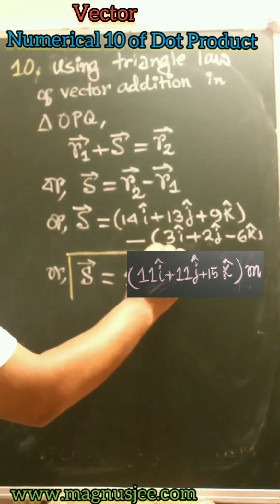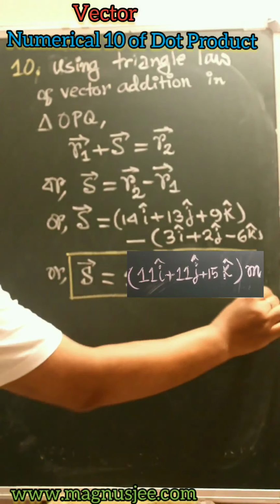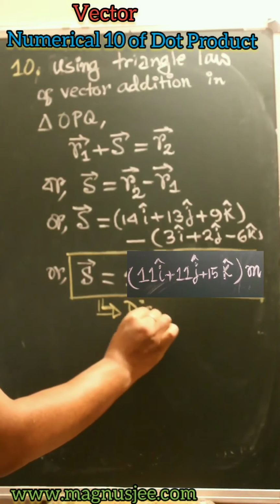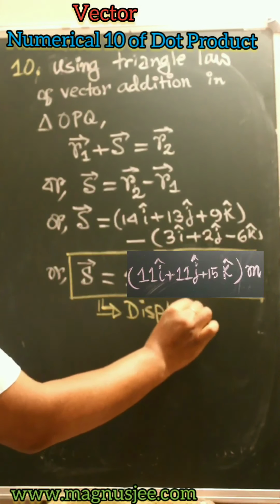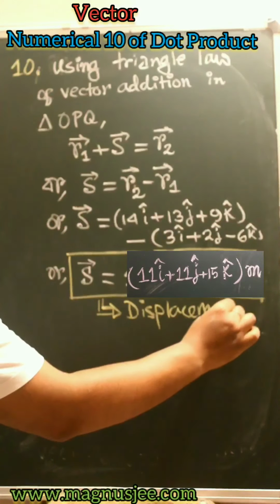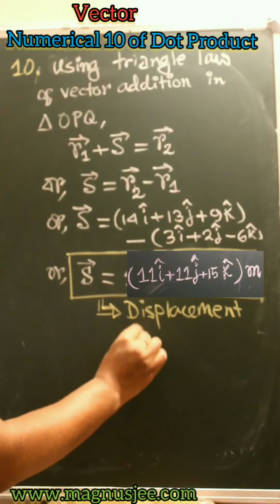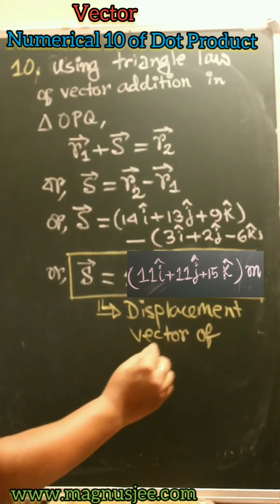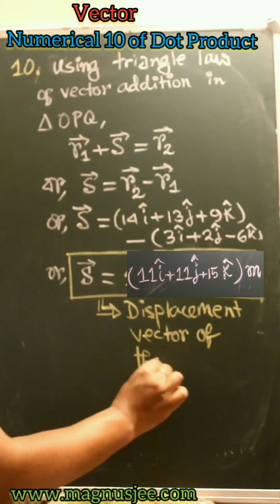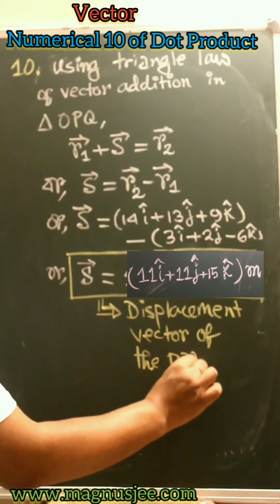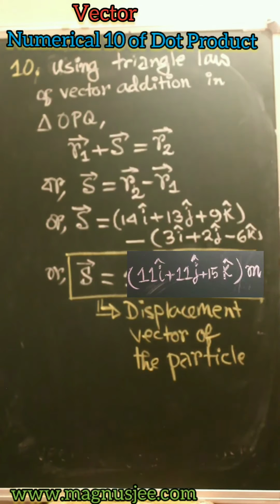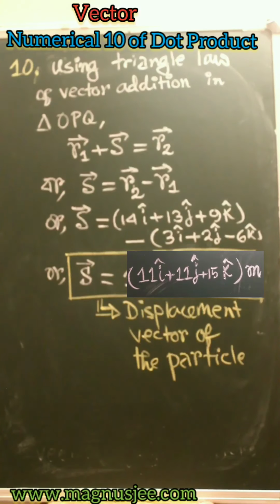This is the displacement vector in meter, the displacement vector of the particle when it moves from the point P to Q.